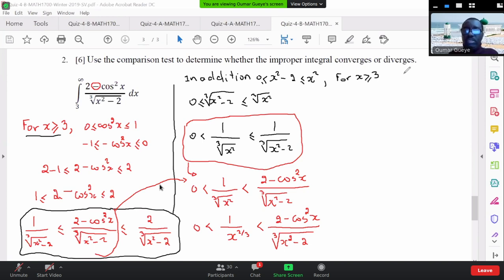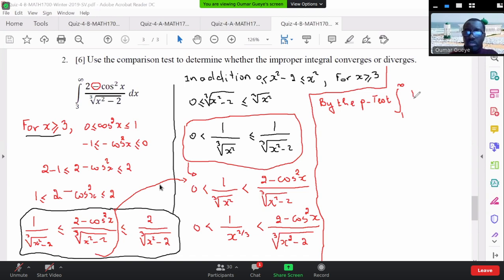And you're done. Just want to write our conclusion here. So according to the p-test, the integral from 1 to positive infinity of 1 over x to the power 2 by 3 is divergent because p equals 2 by 3.